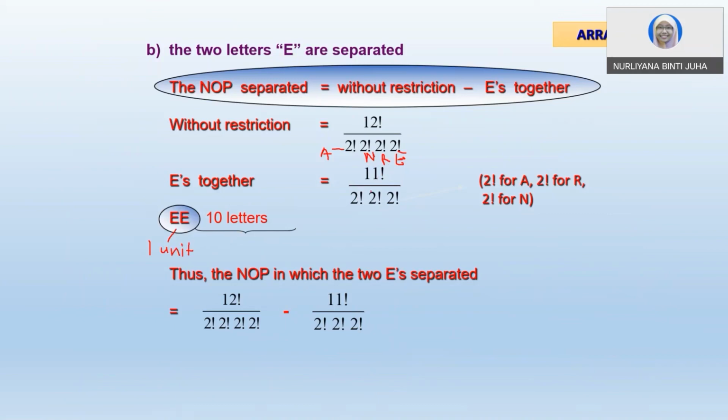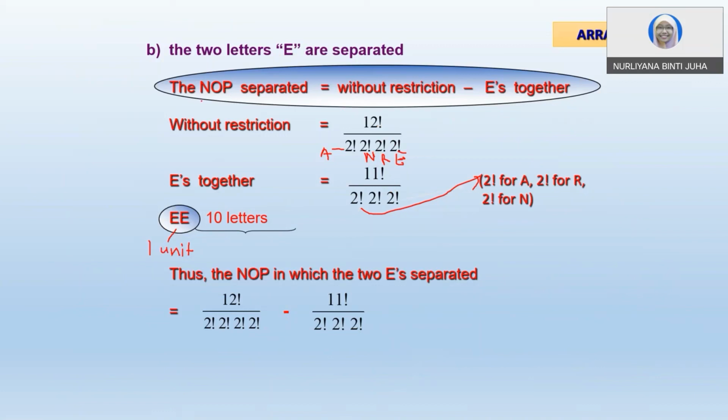11 factorial divide by 2 factorial. 2 factorial ni datangnya dari sini: 2 untuk A, 2 untuk N, 2 untuk R. E itu tidak termasuk dah sebab dia dah letak siap-siap dekat depan. So, you have this one, you just key in into your calculator. So, you just minus.